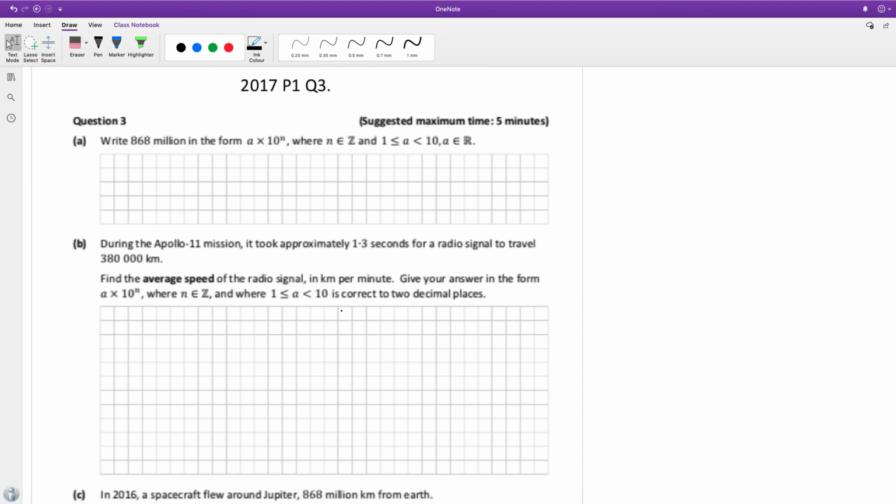Right, 868 million in the form a multiplied by 10 to the power of n, indices.